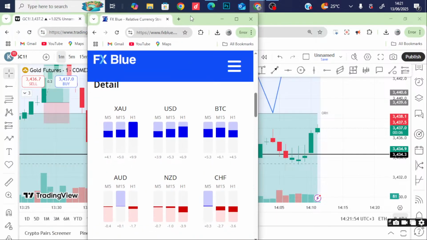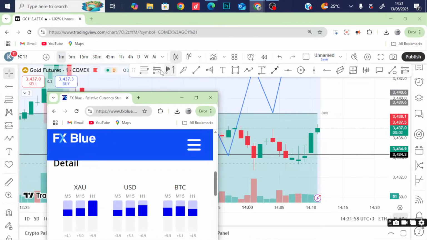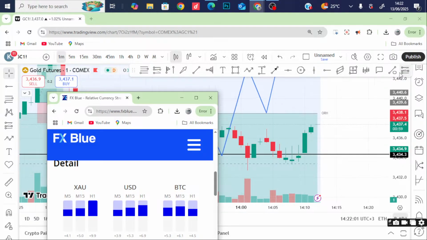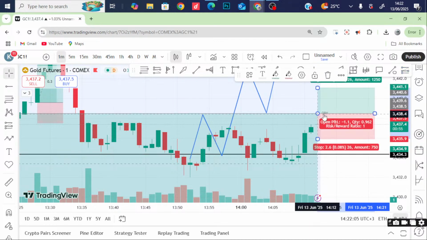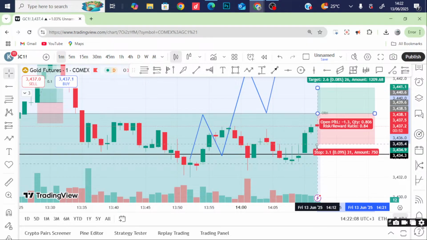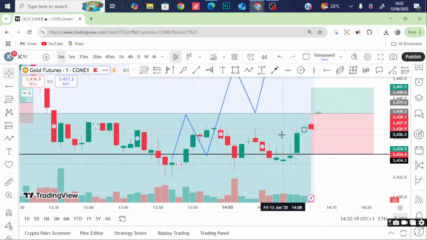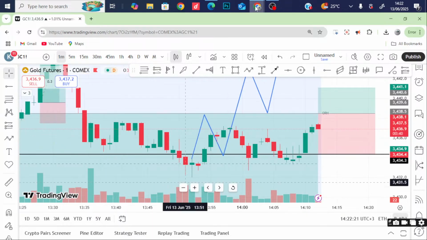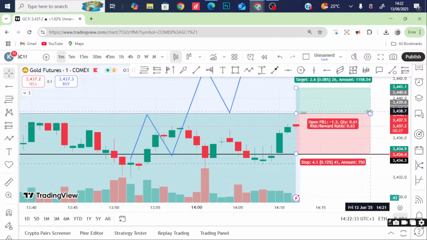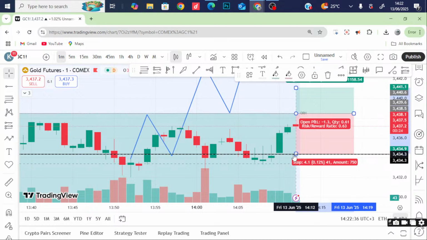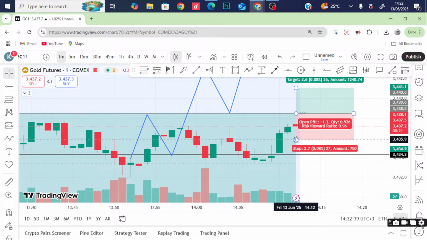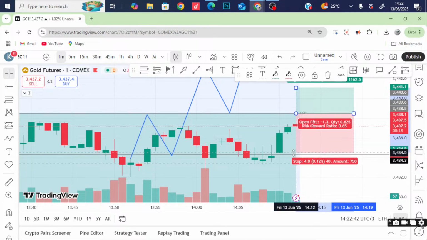At 34.38 you can buy gold. Stop loss, I'll put it there.